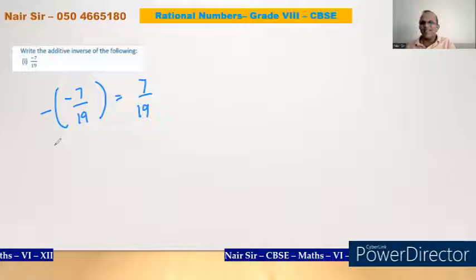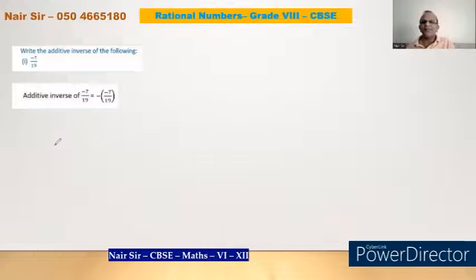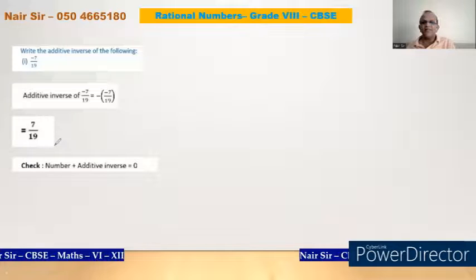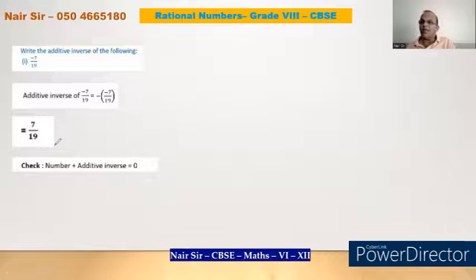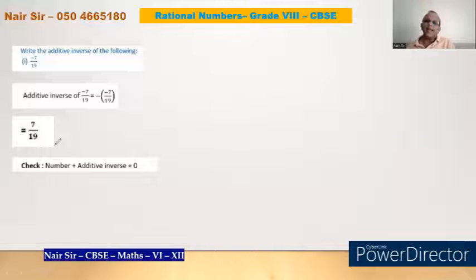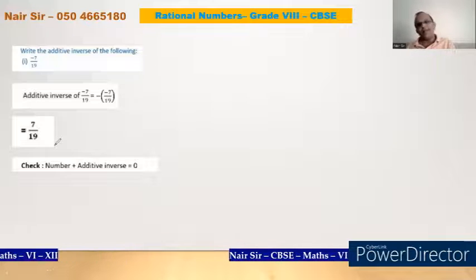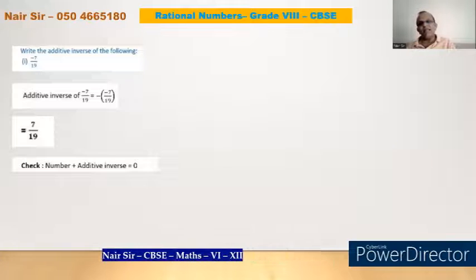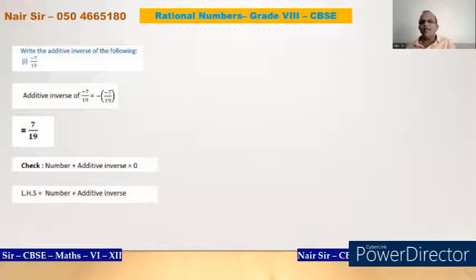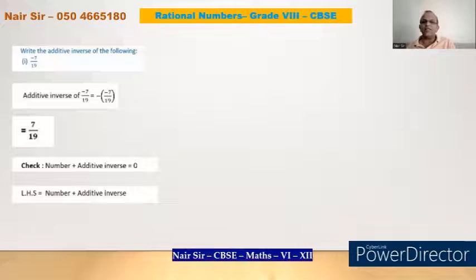With me? Good. And how do I check? I take the number and whatever additive inverse I have got, I will add them and see if the LHS is equal to RHS.